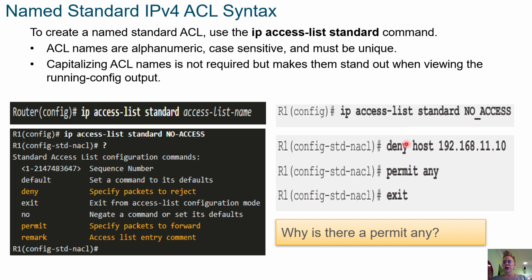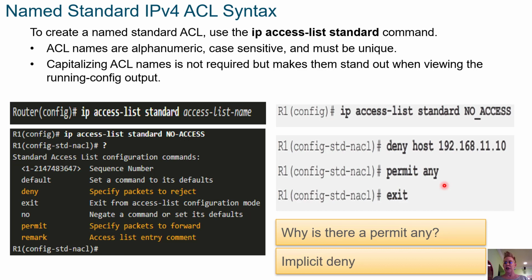So my next question is, why do I have a permit any here? Why do I need a permit any? If you can remember back from one of our last videos when we were talking about the implicit deny. So remember, the minute you add an access control list onto a device, the device will implicitly deny everything else, because it's making an assumption: we're putting access control lists on here, we must want to implement some security.